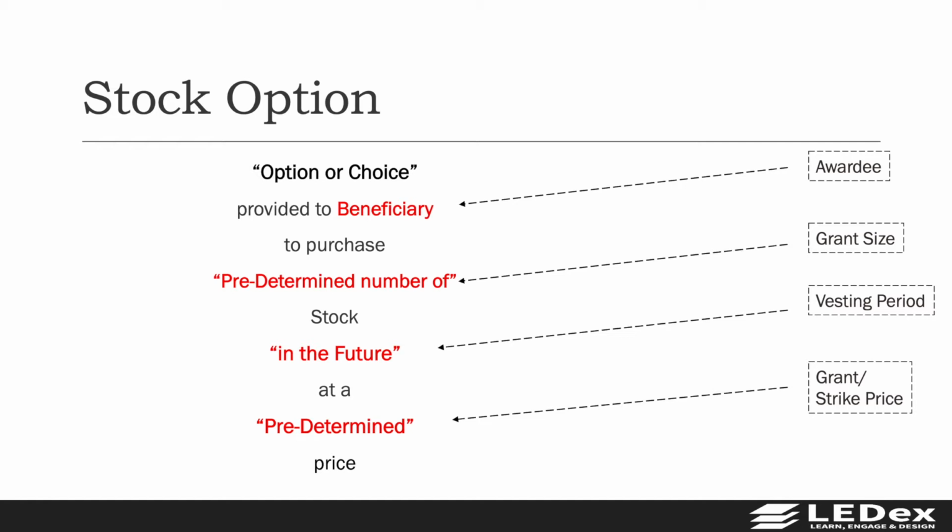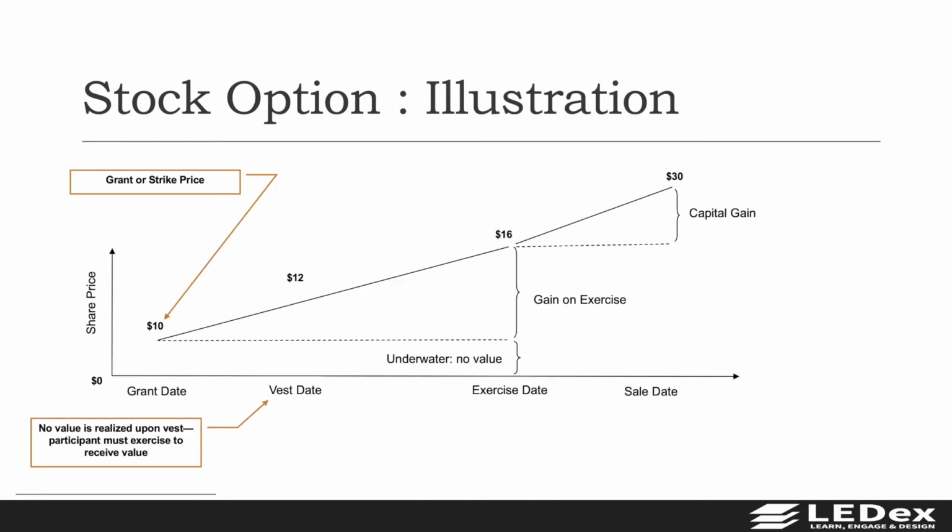Now, how does a stock option really work? Take an illustration of an organization which has its share price moving steadily upwards. So it's a growth scenario. Assume the share price originally was $10 and went on to 12, 16, 30 over the period of the next 5 to 10 years.